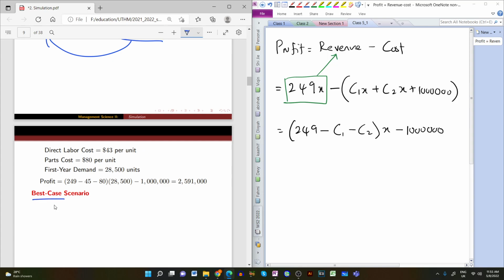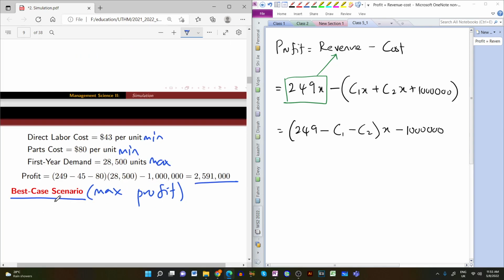Best case scenario means maximum profit. So how do you get maximum profit? The cost is minimum, and the demand must be high, maximum. In that case you will get a maximum profit. So in the best case scenario, this is the profit.